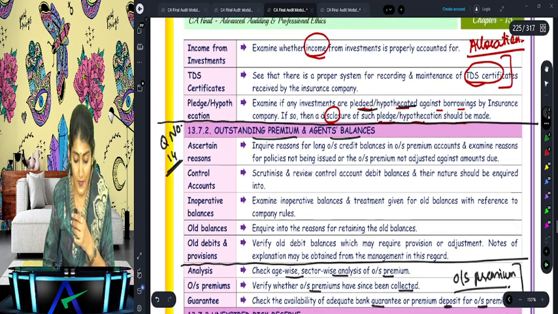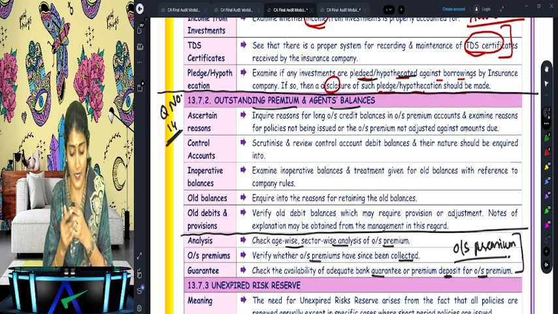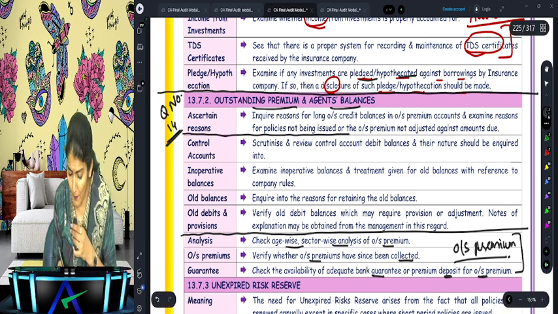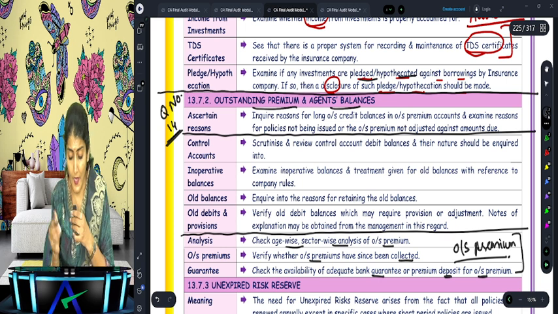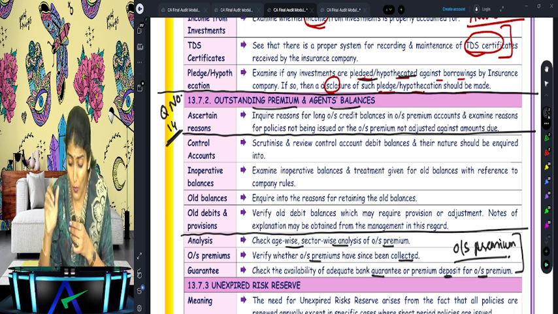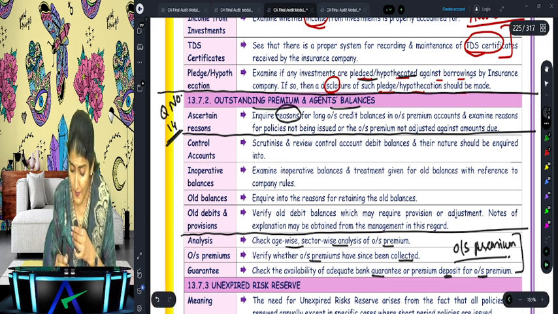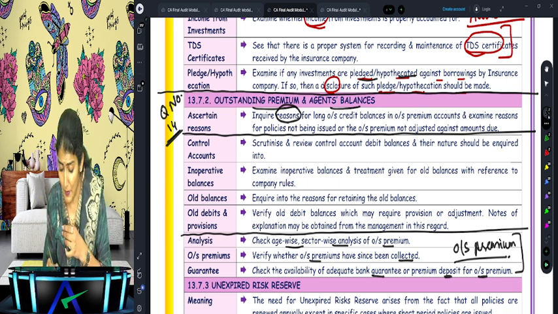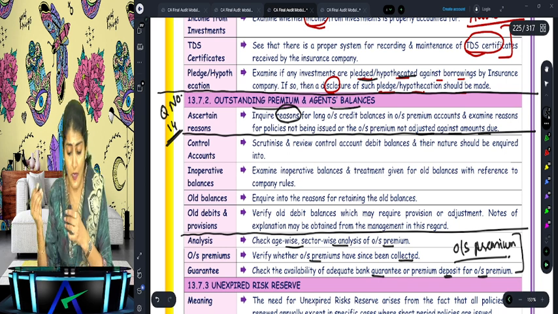Then the other points are regarding the agents' balances. But the first point is the common point. What is the common point? Inquire into the reasons for the long outstanding credit balances in the outstanding premium account and examine the reasons for policies not being issued on the outstanding premium, or not adjusted against the amount due.